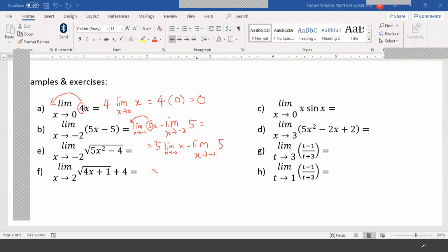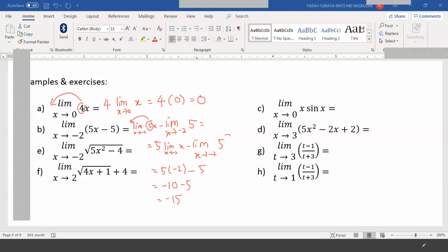And then ni 5 darab dengan negative 2. Okay, yang ni pula limit x approaches to 5. Ini kalau guna rule number 1. Dia kata kalau function dia adalah real number, so jawapan dia hanyalah real number tu, 5. So kat sini jawapan negatif 10 tolak 5, negatif 15.